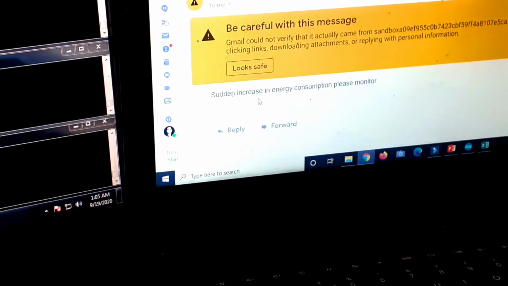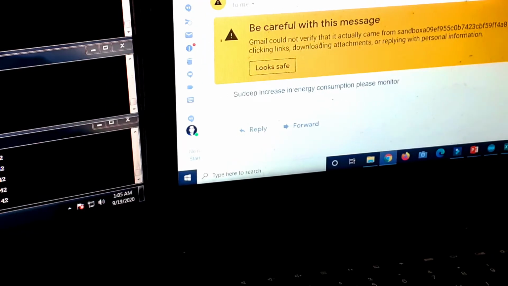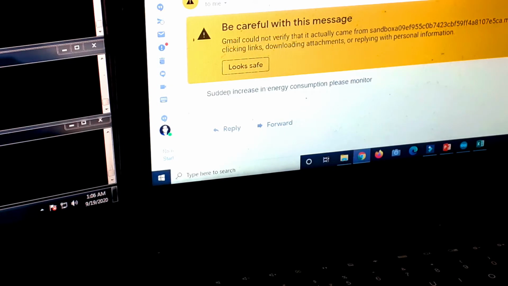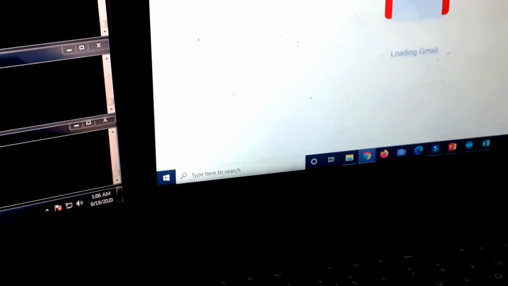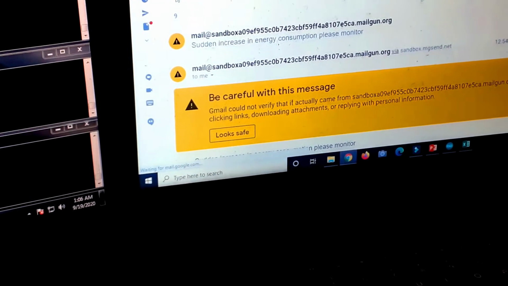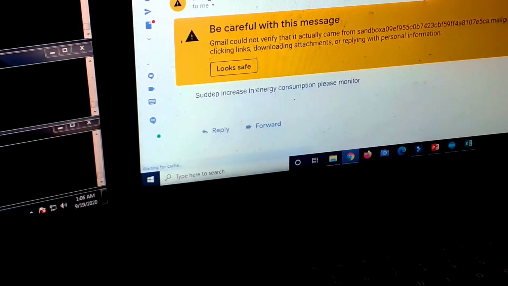This one says sudden increase in energy consumption, please monitor. This went 10 minutes ago. I think the latest one hasn't arrived yet, but it will come.